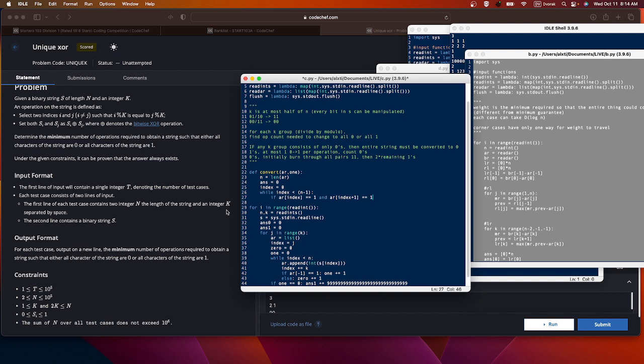If they are both 1, then our 1 count subtracts 2, our answer plus we only need 1 operation to change those.